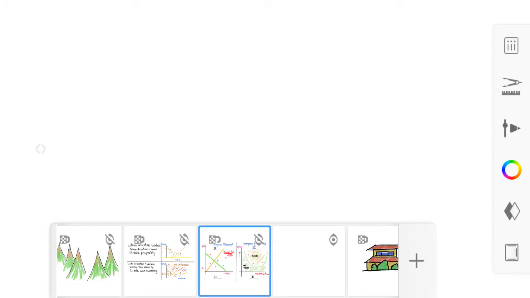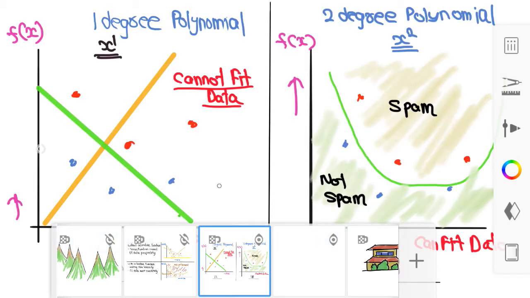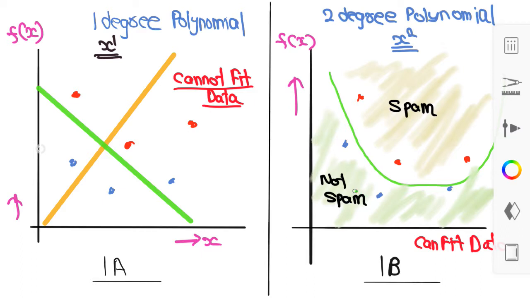I'll show you some of the slides. In this slide, we have a 1 degree polynomial, which is a line represented over here, and this is a linear function. We want to classify these points, but we cannot because it's a 1 degree linear function. When we use an activation function in a neural network, we add higher degree polynomials, and then we can fit any data in a practical way using much higher degree polynomials.